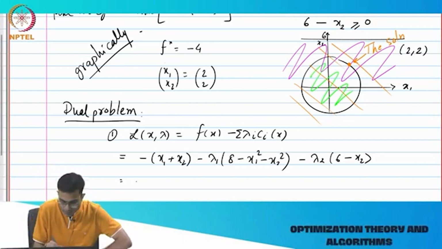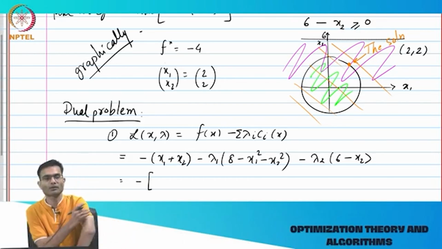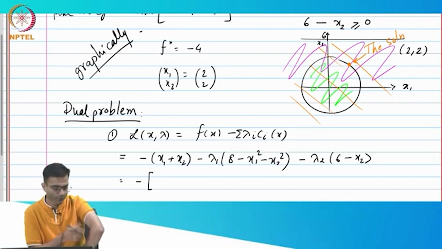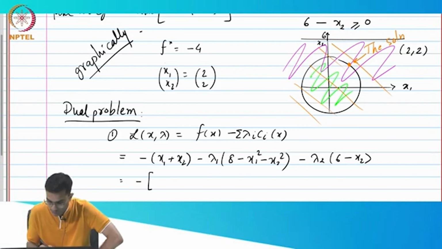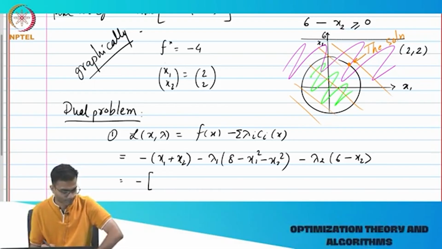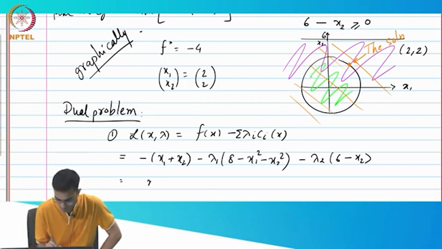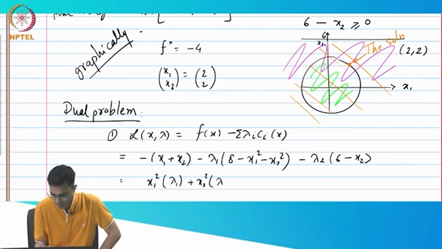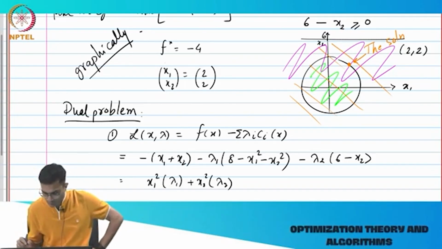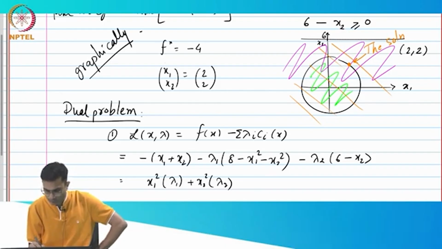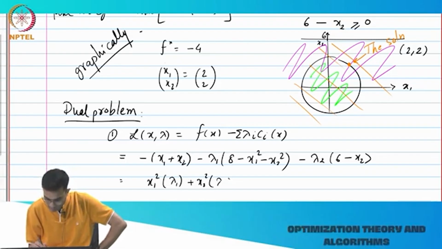So if I extract a minus sign common from all of this, do I have a quadratic in x1, x2? Maybe I don't need to extract a minus sign. So let's just write down x1 squared. What is the coefficient? Lambda 1. x2 squared, sorry, x2 squared is also lambda 1, correct?